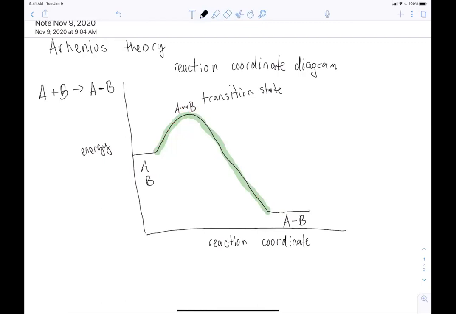But when we're looking at the diagram here, this distance here, let me use a different color actually.